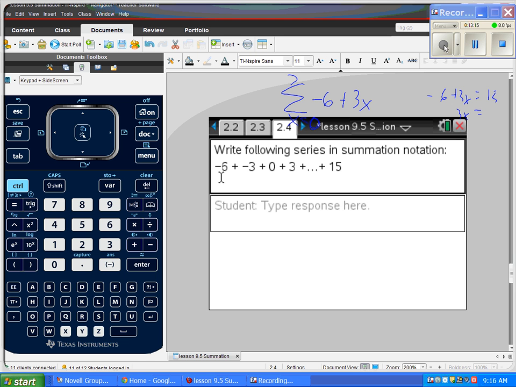So 3x equals 21. X equals 7 if you're stuck. Okay? Making a little more sense.